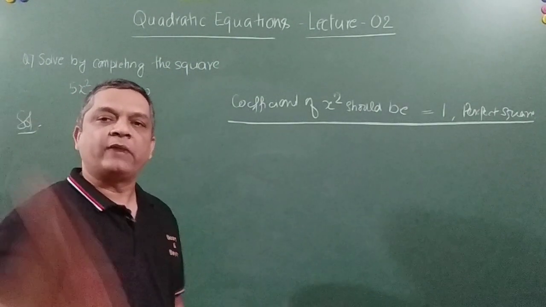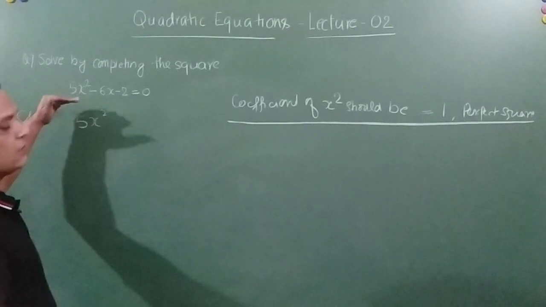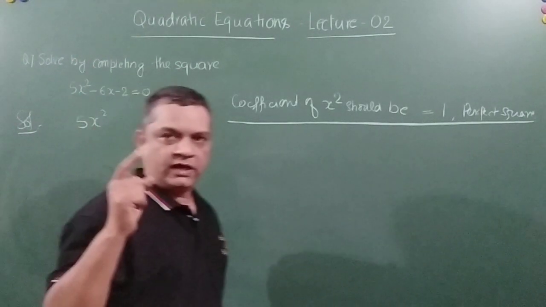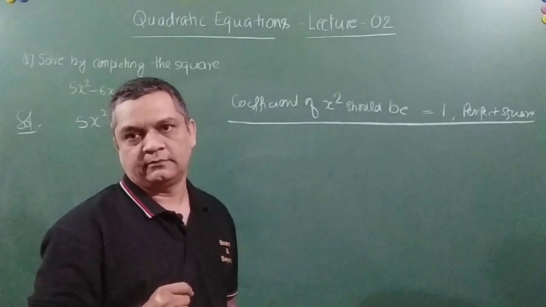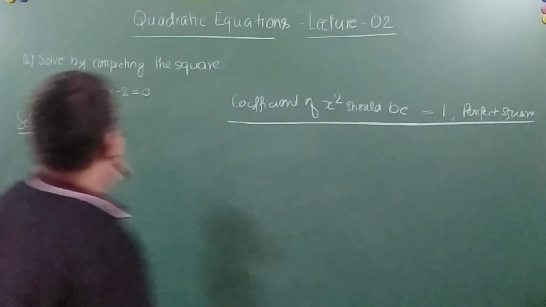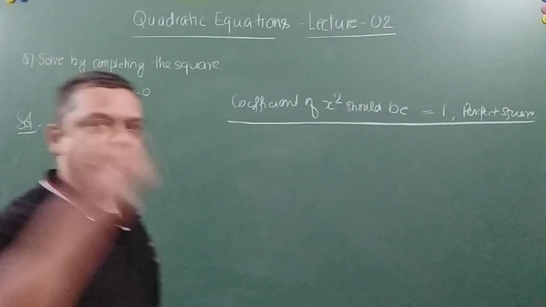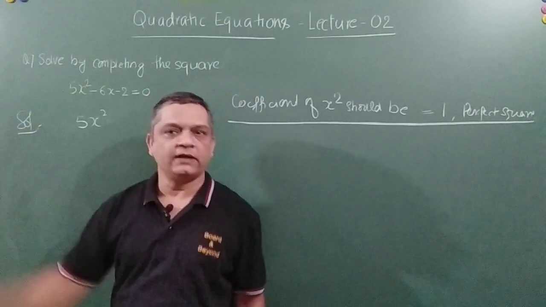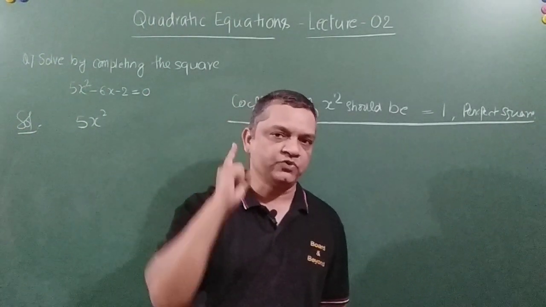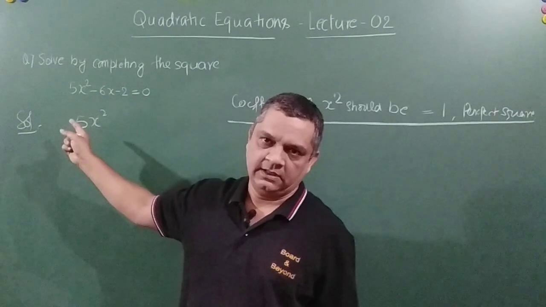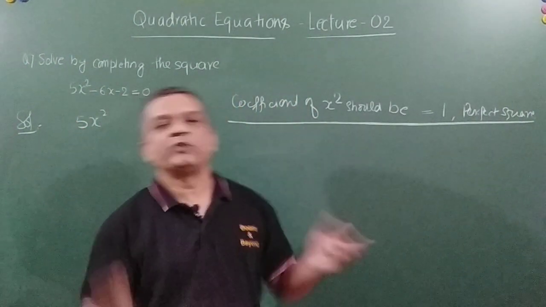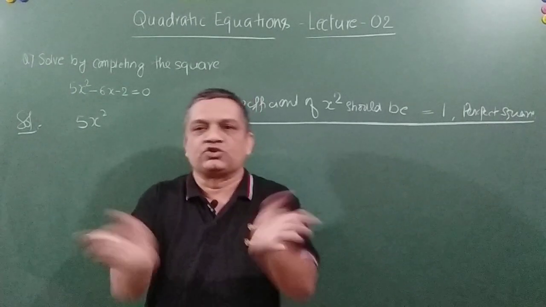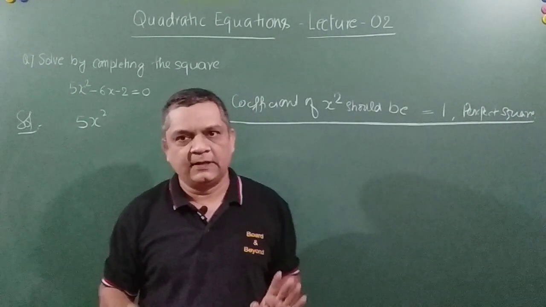Please keep it in your mind that your coefficient of x square, okay, has to be either 1 or a perfect square. You have two options now. Either I divide this completely by 5, making this x square, so the coefficient becomes 1, and yes, okay, because 1 is also a perfect square, so we can say it has to be a perfect square. The coefficient of x square has to be a perfect square, right friends?